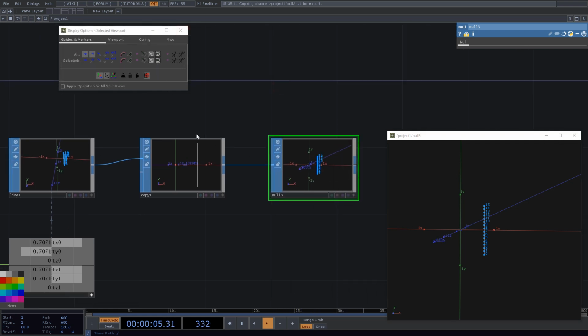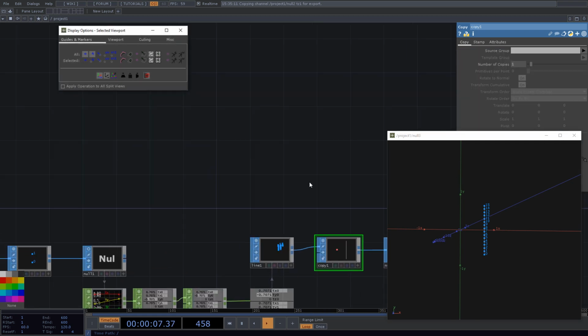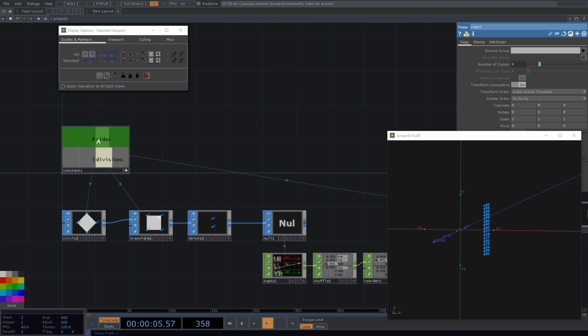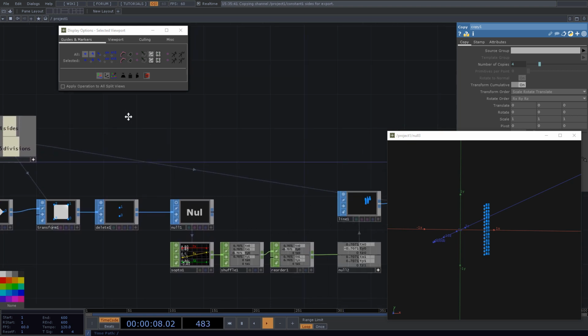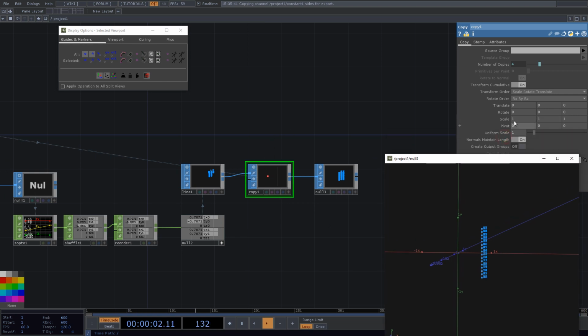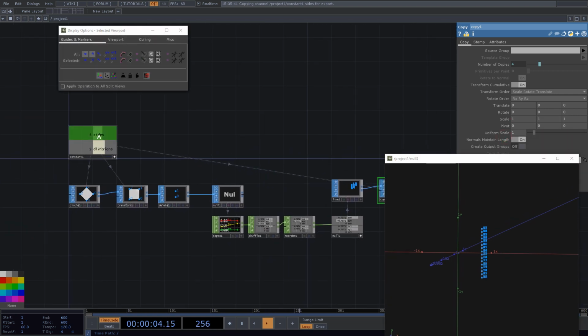Okay, and now I want to have the number of copies as how many sides I have. Okay, and we rotate each one on TZ by 360 divided by sides.